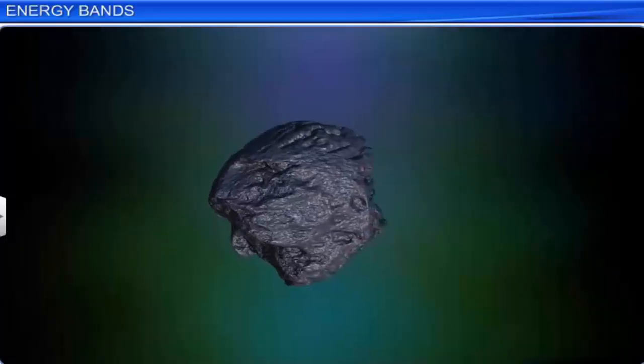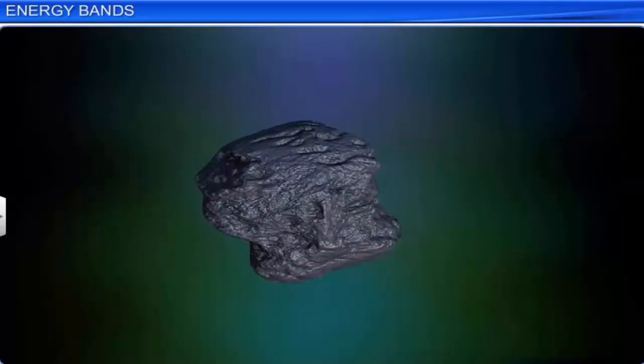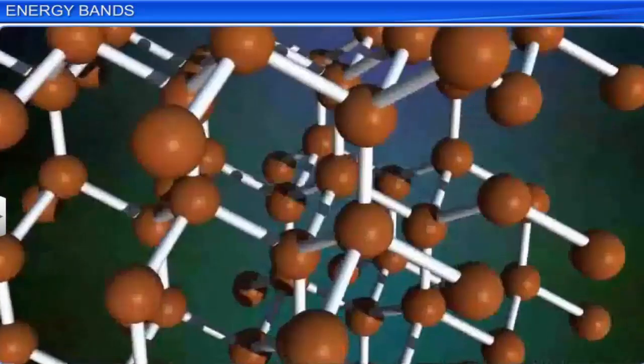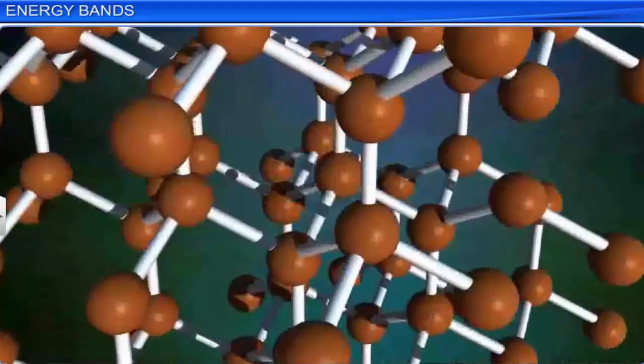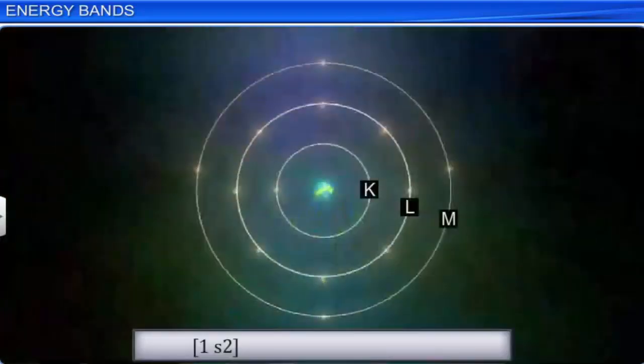Let us consider the atoms in a solid, for example, a silicon crystal. We know that in a crystal, there is a regular arrangement of atoms with constant interplanar spacing between them. The electronic configuration of silicon is 1s2, 2s2, 2p6, 3s2, 3p2.